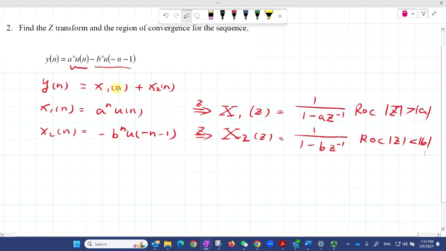If this one's z-transform is this, and this one's z-transform is this, then the total, capital Y(z), just equals the two added together: 1 over 1 minus a z to the negative 1, plus 1 over 1 minus b z to the negative 1. Okay, and we need to talk about the ROC.